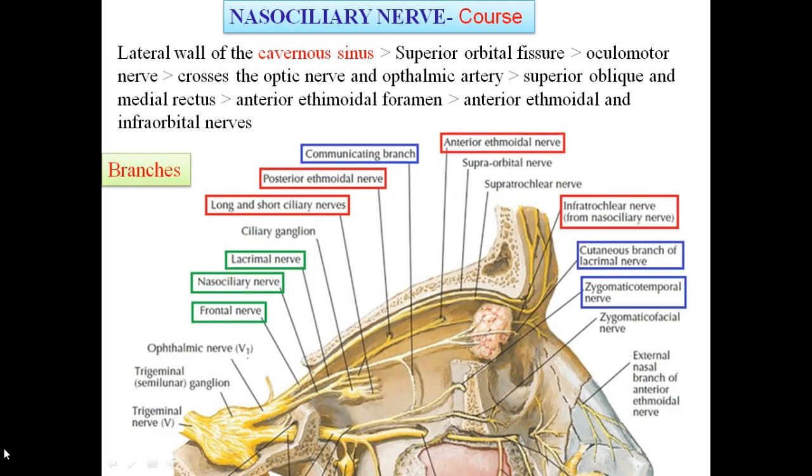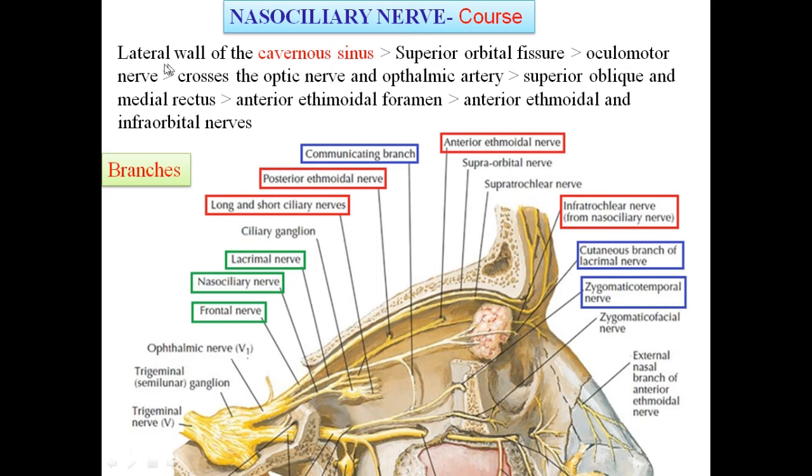Let us see the nasociliary nerve, and because it gives many branches, you can see that the red color indicates the branches of the nasociliary nerve. So let us see the course and relations of the nasociliary nerve.